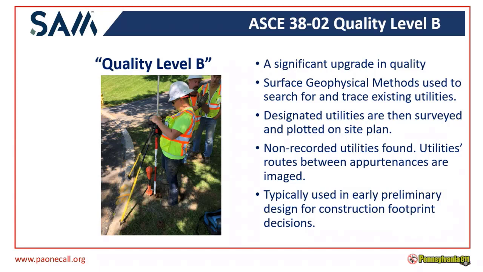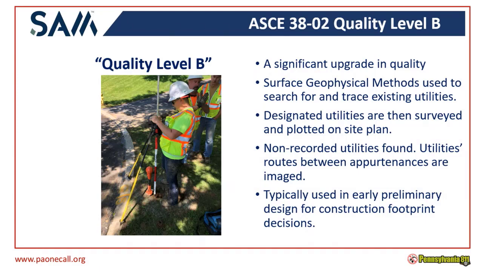And the way that this gets a little bit better than quality level C is because when you do this, you find out if there's any twists or turns or any unforeseen 90s, 45s in your underground utilities. Because as we know, when we go to construction, a lot of times contractors will run into issues in the field. And instead of documenting everything, they might say, hey, we ran into a huge boulder at this location, so we took the gas line out around it.